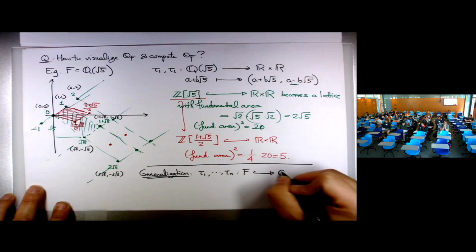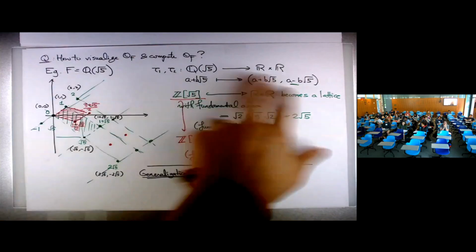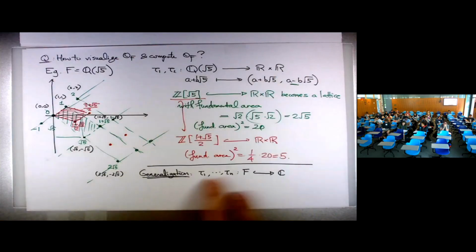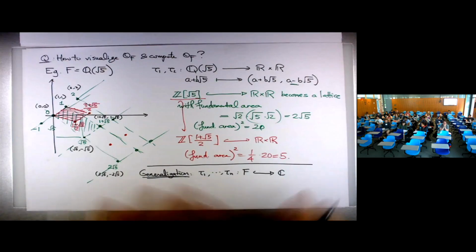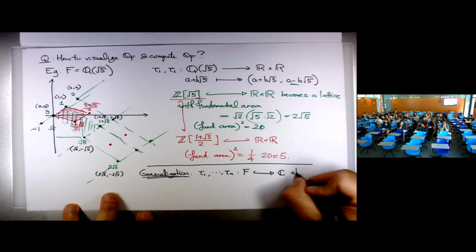There's a small subtlety here that this F doesn't always go to R. In my case, it's like F embedded into the reals. In general, it may not be a real embedding, it may be a complex embedding. For the moment, let's forget about this. Just pretend that these are all real embeddings. In the exercise, you're going to work through something to solve this issue. This is all embeddings.